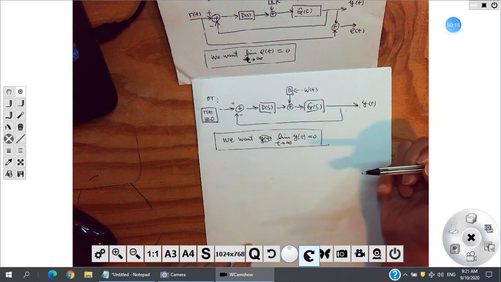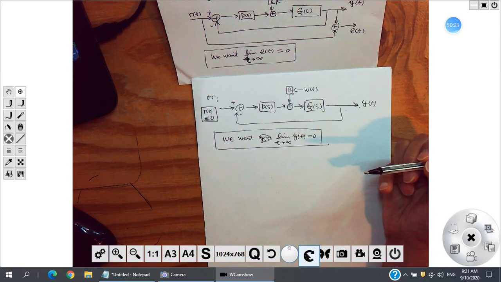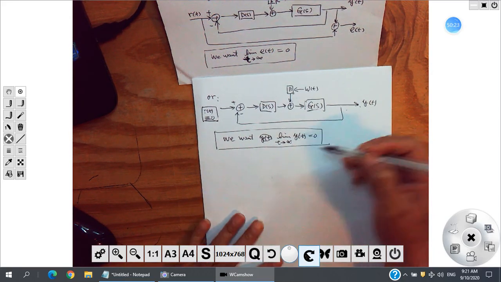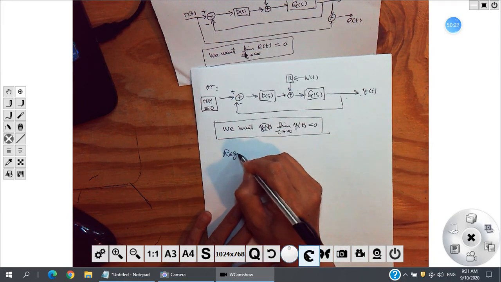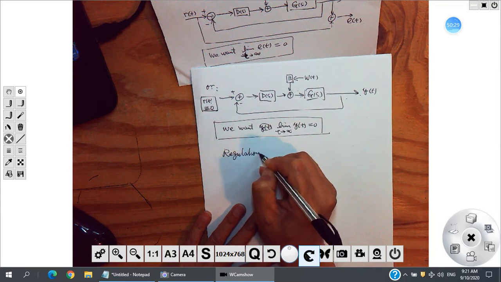All right. So here we have a similar thing. We have the regulation type.